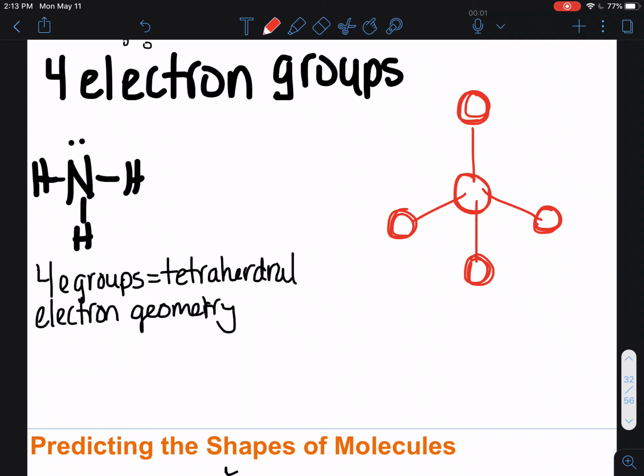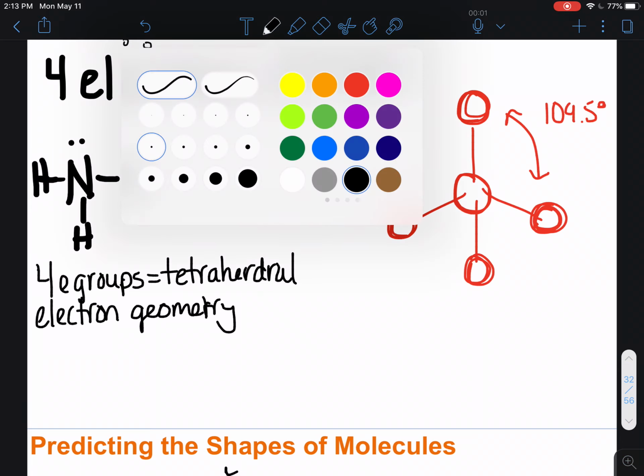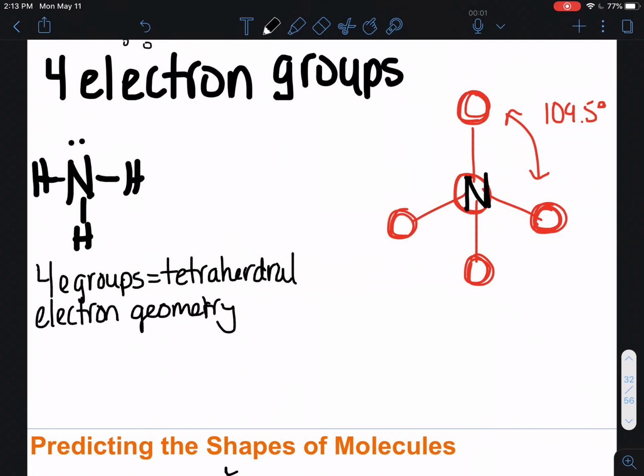Each with a bond angle of, just to let you know, remember, 109.5 degrees to start off with. Now I'm going to place my atoms in this. So we know nitrogen is going to go in the center. All right. Hydrogen atoms are going to go here, here.